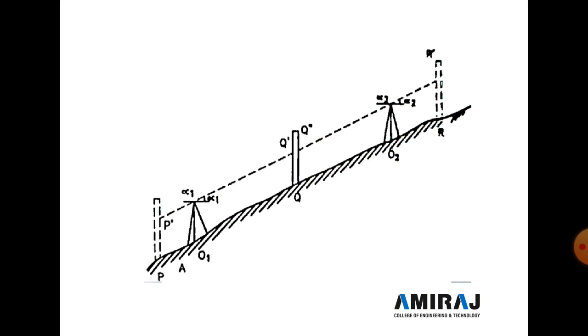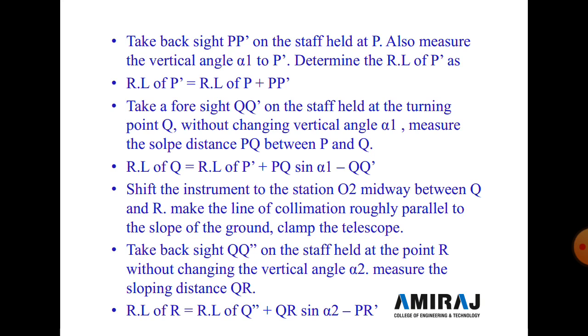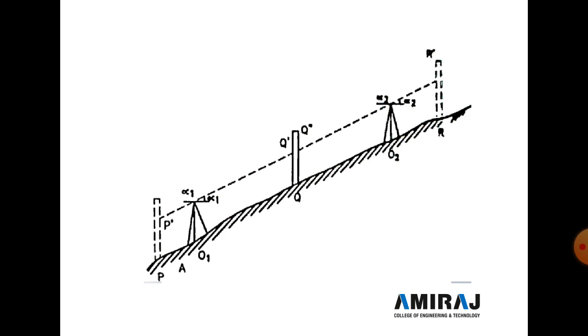So the telescope is fixed with the screw, and then take the backsight on P dash, where the staff is held on point P, and measure the vertical angle alpha 1 to P dash.